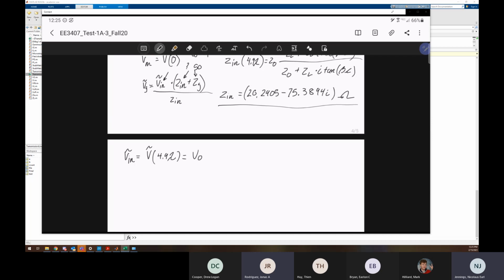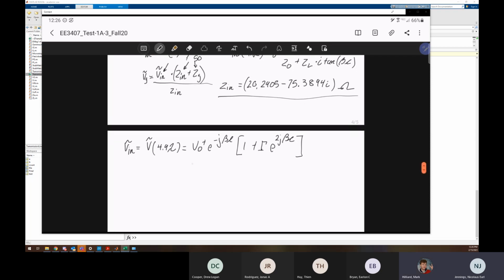So V naught plus e to the minus j beta L, and then you got 1 plus gamma e to the 2j beta L. I think that looks right. Does that look right to you guys?